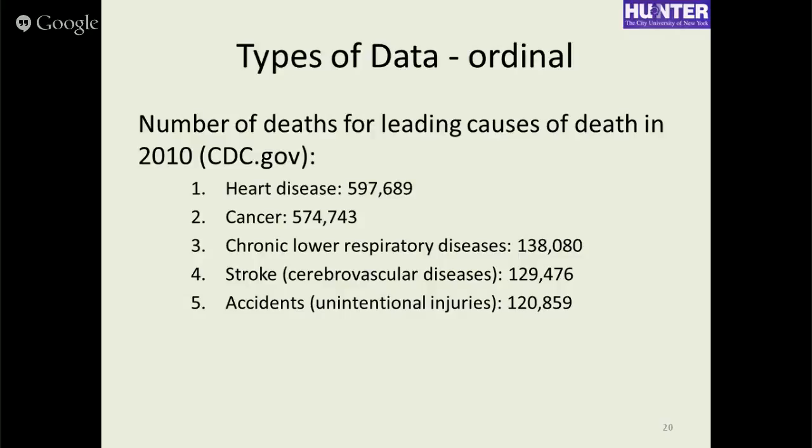These are numbers, total numbers, and they're ranked here. So heart disease is the #1 killer, or it was in 2010 at least, and I think it still is. Number 2 being cancer, still very close. And then number 3, way back, chronic lower respiratory disease behind heart disease and cancer.